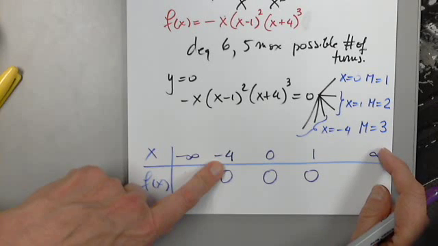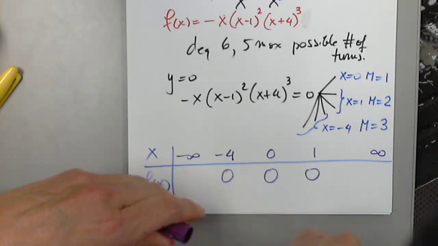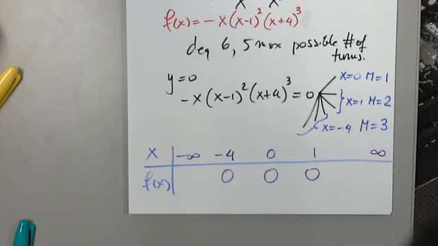Does it cross or does it turn? Before you answer, just always think in terms of the linear function. Multiplicity 1. What does multiplicity 1 do? Correct. Also think of x squared. Multiplicity 2 at 0. What does it do? That's how you remember it.